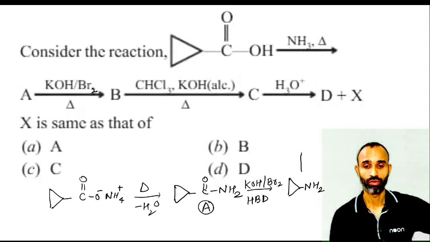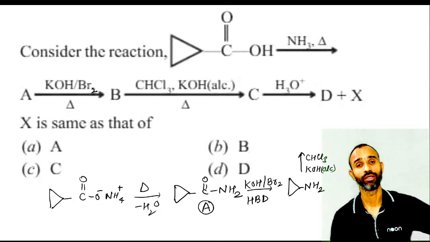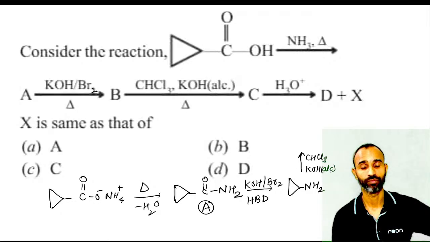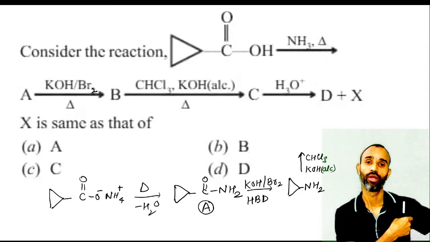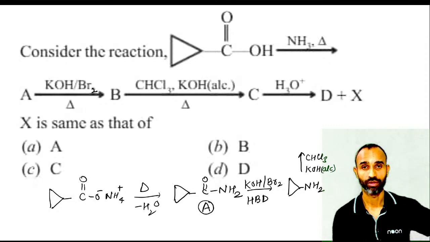Now when it is treated with chloroform in the presence of alcoholic KOH, what will happen? What is the name of this reaction? For amines, it is a test of amines. It is the carbylamine reaction.